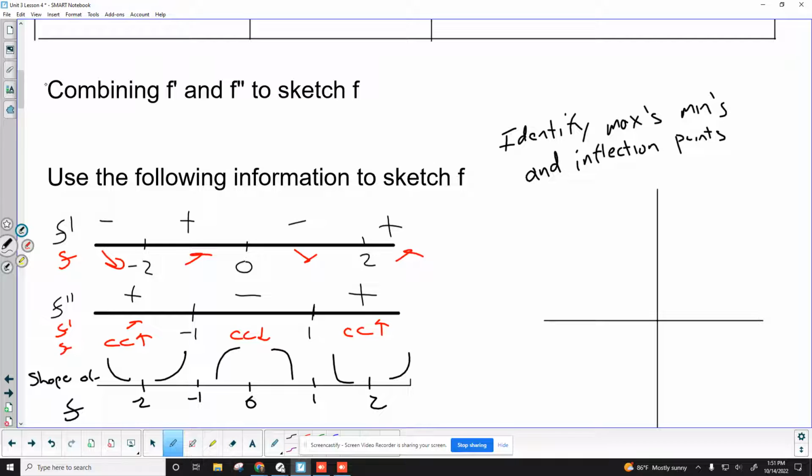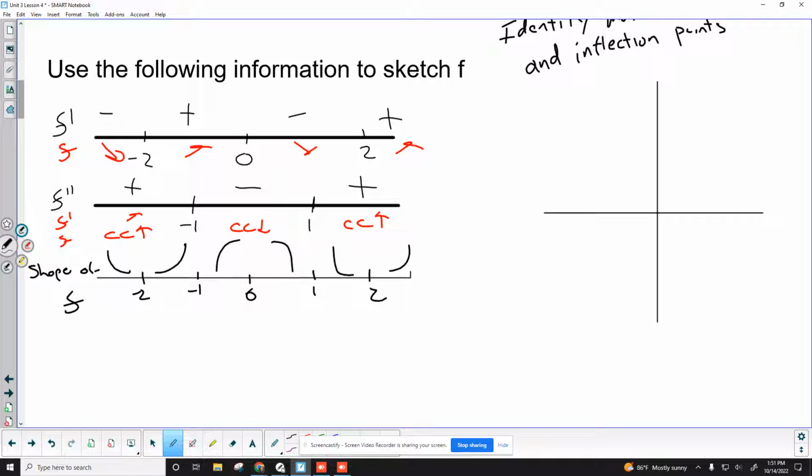Okay, if you're not sure about this, you'll need to be able to do this, because it's these pieces that can be put together so that we know what f's going to look like, at least the shape of f.